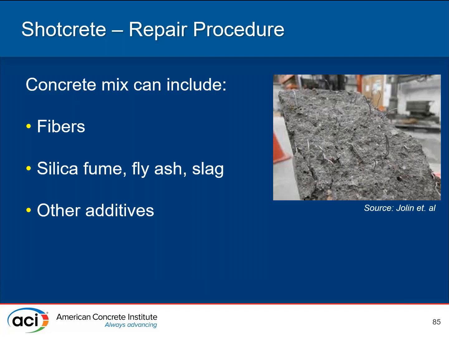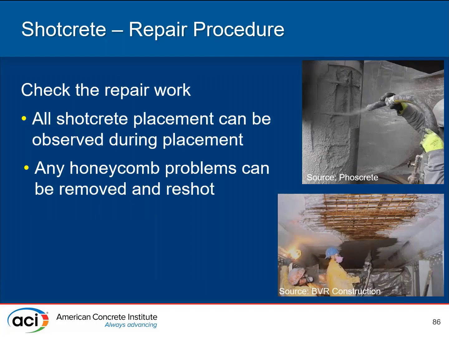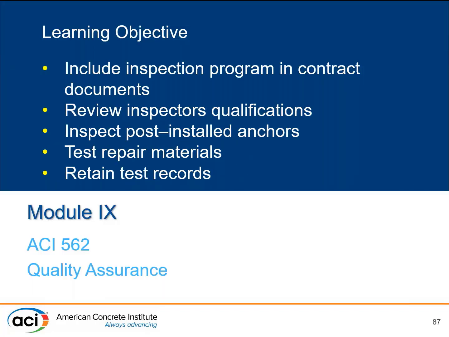There are other additives that can be used. It's a concrete mix just like any other. You can do a lot of better living through modern chemistry. A lot of the admixtures can still be used. And again, this is something you need to check. All repairs need to be done correctly, so you need to make sure that it's done right.